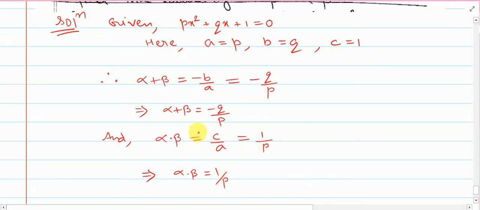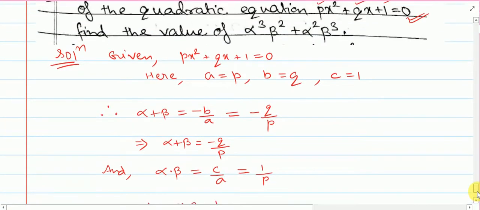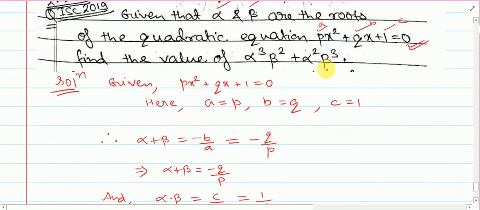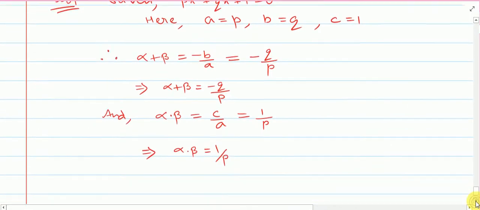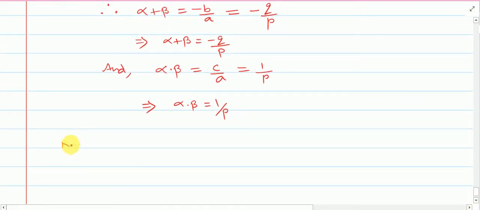So now you know the sum of the roots and you know the product of the roots. These two pieces of information will help you to find the value of this. Now alpha³β² + α²β³ can be written as, here you can see that in both the terms alpha square is common and beta square is common.